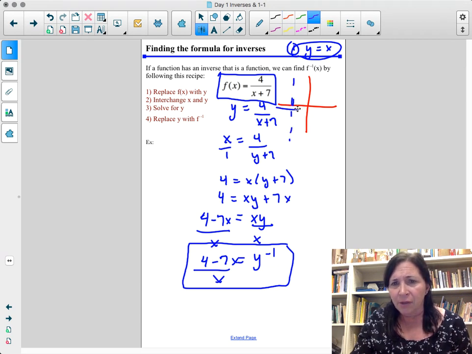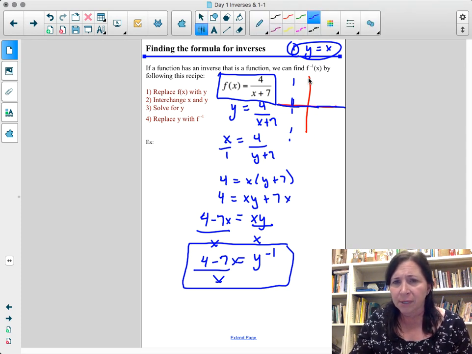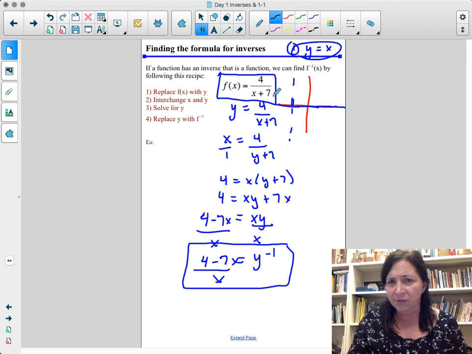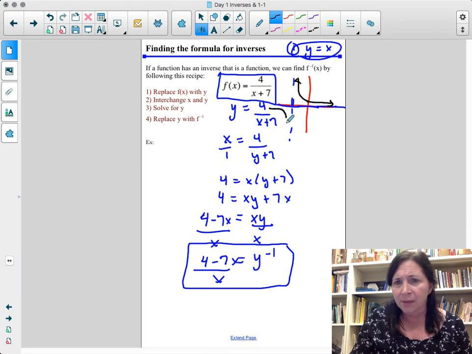It looks like I have another asymptote, a horizontal asymptote at y equals 0 because it is bottom heavy. And my graph probably is going to look something like this. When I find the intercept, if x went to 0, y would be 4 sevenths. So that would be up here. So it looks like my graph is going to do this and this.